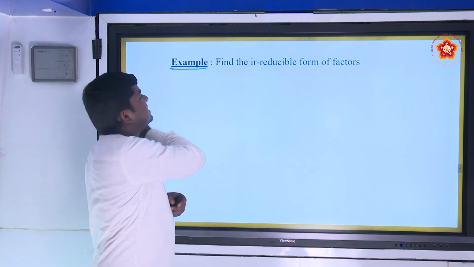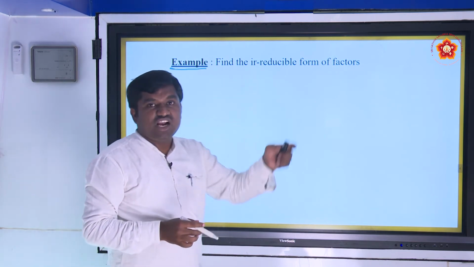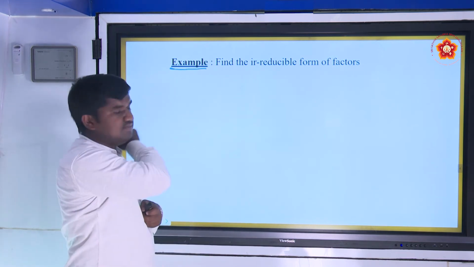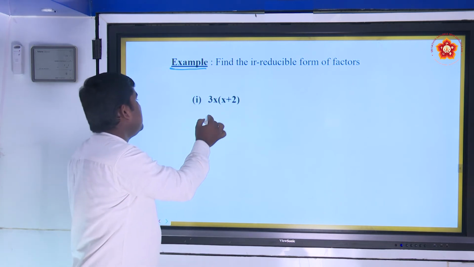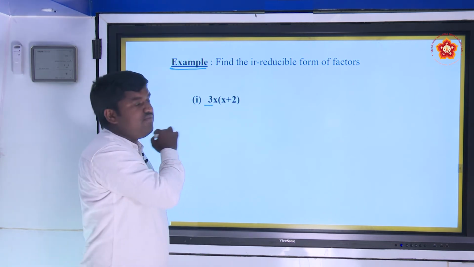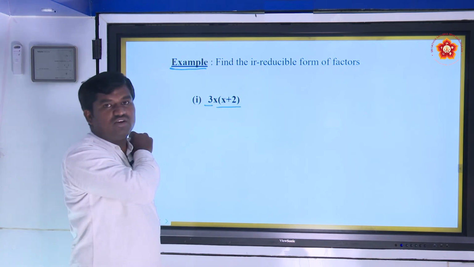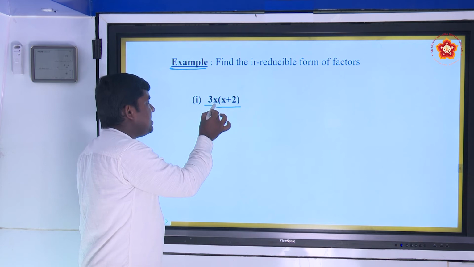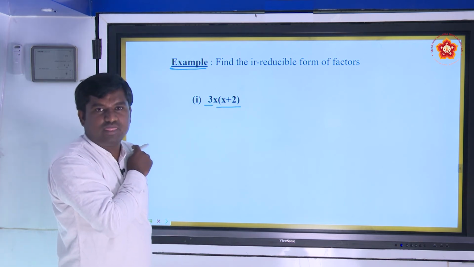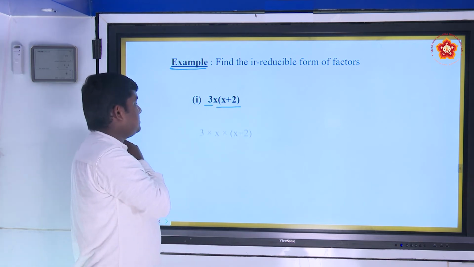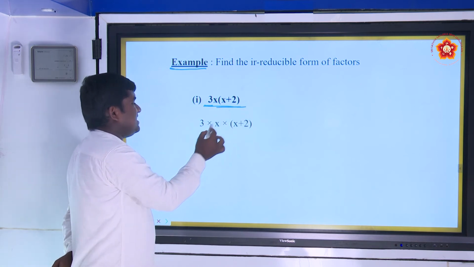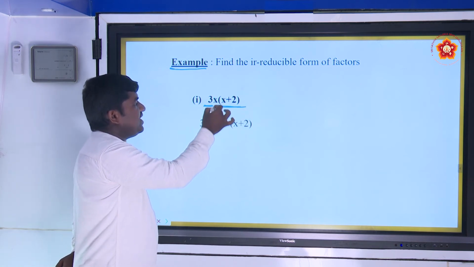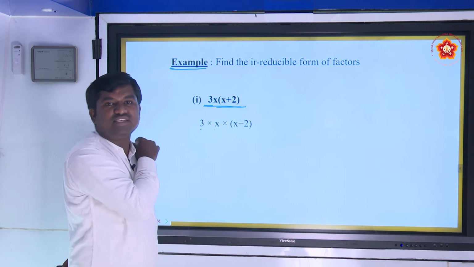Next, for example, find the irreducible form of terms. I will give one term, 3x into x plus 2. Here 3 factors are there: 3, x and x plus 2. I can write this as 3 into x into x plus 2.